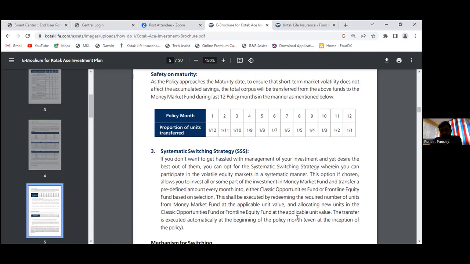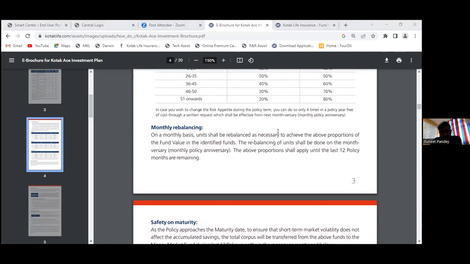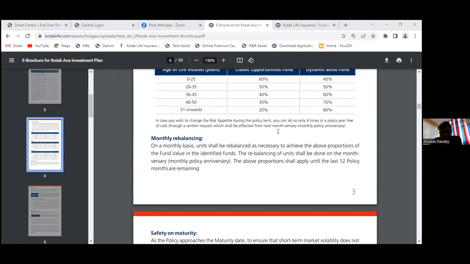Any confusion so far in this? Sir, rebalancing will be done automatically by Kotak only? Rebalancing, like for example, in age-based, a 20 years person age, then he went for aggressive. That time 80% is equity, classic opportunities, 20% dynamic bond fund.